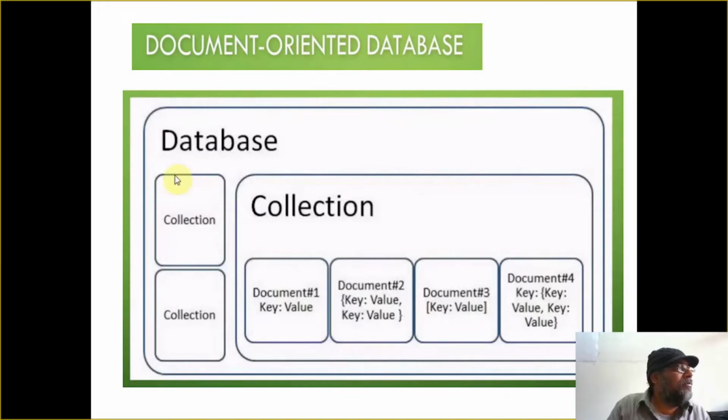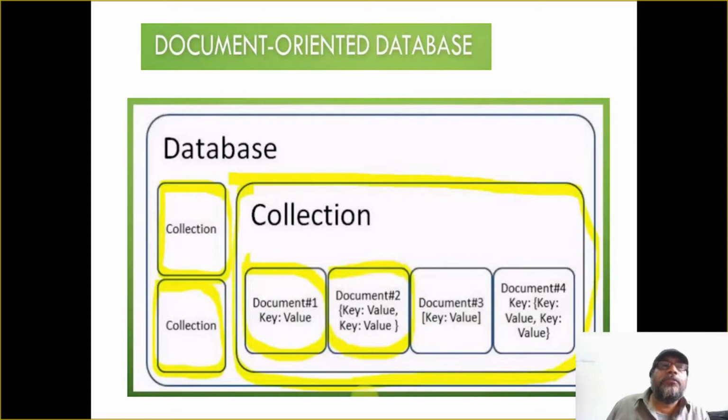The exact representation and how we store and retrieve in this document database, we will discuss later. But roughly at this stage you can assume that the document database contains collections, and each collection has several documents. So this is the database, this is a collection, and one collection means several documents.